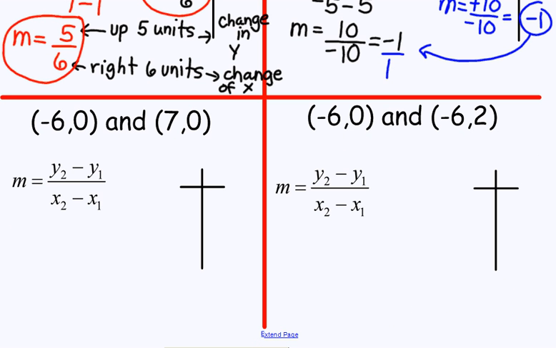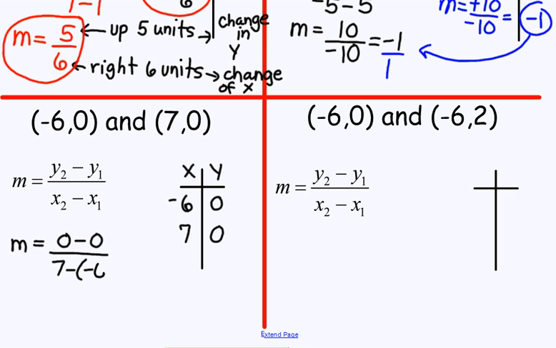So now let's take a look at a problem where we have one of the variables staying the same. We have the points (-6, 0) and (7, 0). So let me put these in my table just so you can see. Okay, y is clearly not changing here. It was 0 in both times. So if I put it over here, I get 0 over 7 minus negative 6 is 7 plus 6, which is 13.